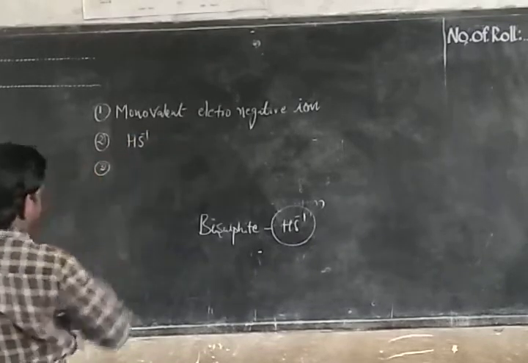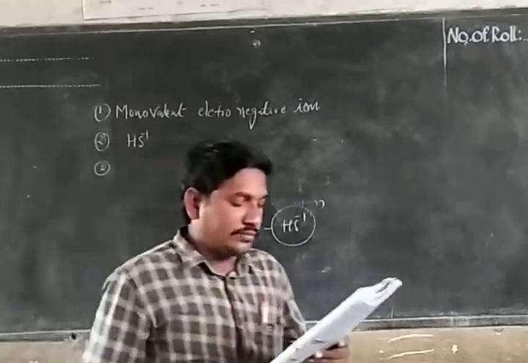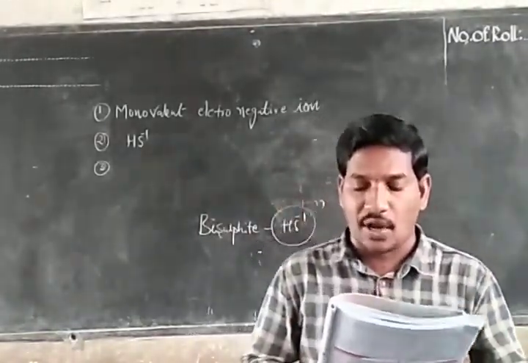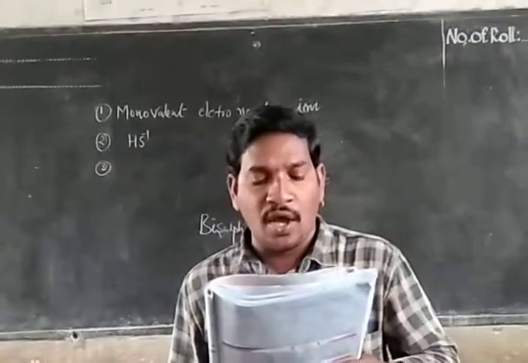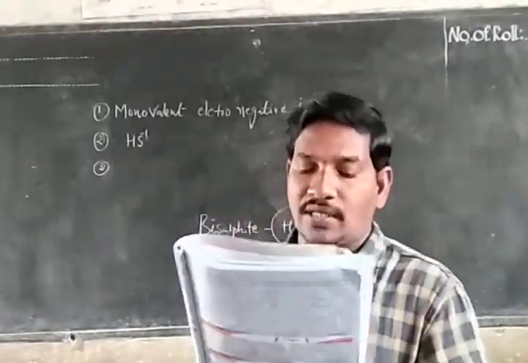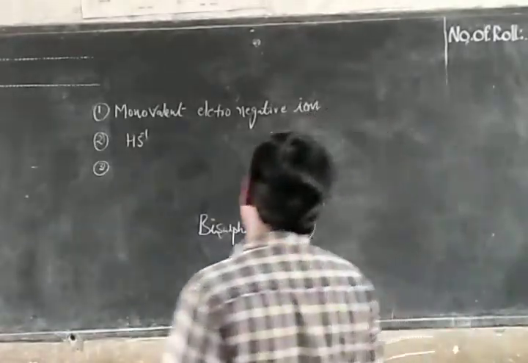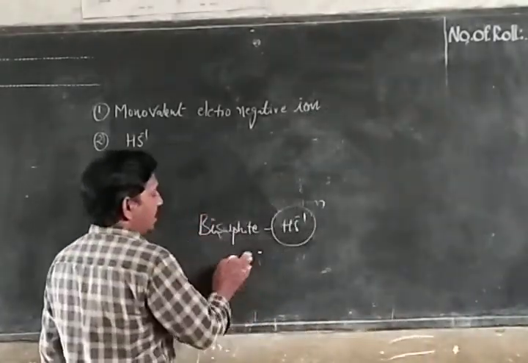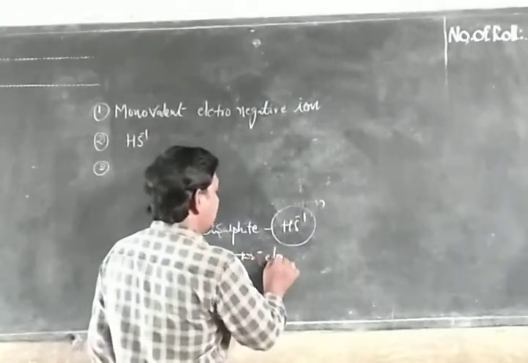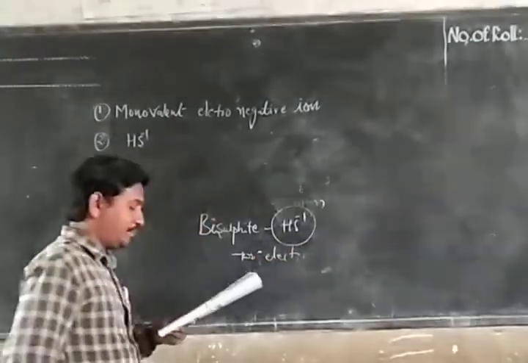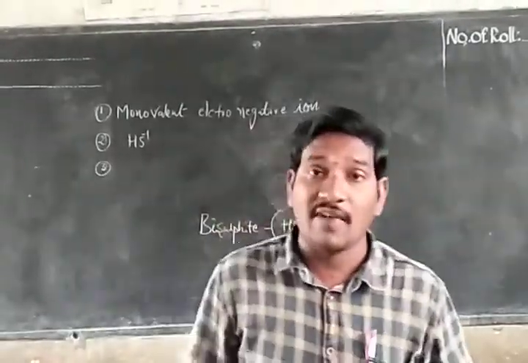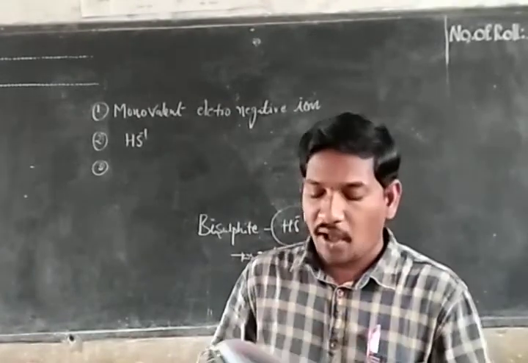And third one, an ion or radical formed by the acceptance of two electrons is called a bivalent electronegative ion or radical.